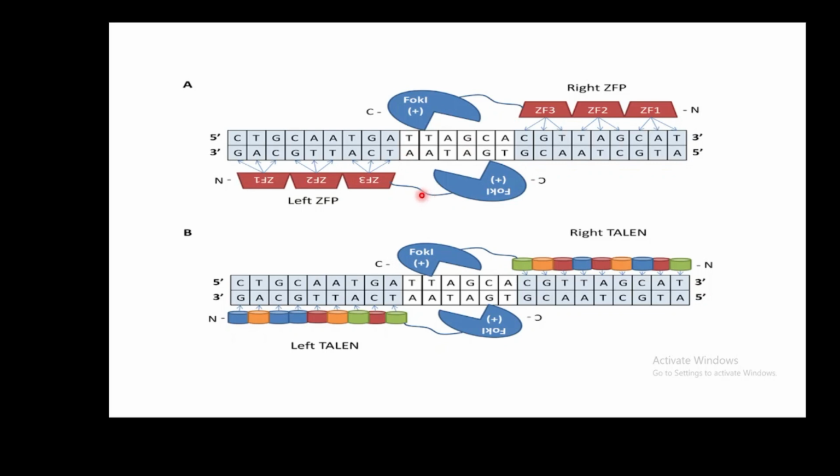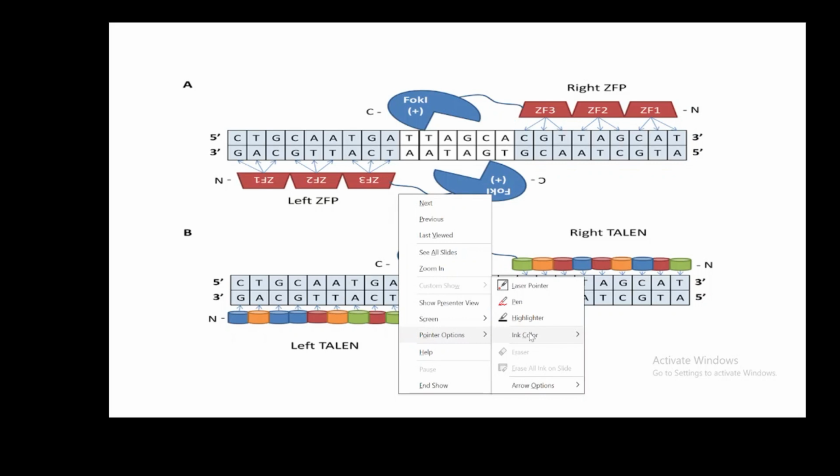So the chances of off-target effects are going to be less. And what are off-targets? Suppose in your gene you have the sequence ACCG, and you want to do some editing in this sequence, and the same sequence, let's say ACAG, is present somewhere else, with only a one base pair difference.